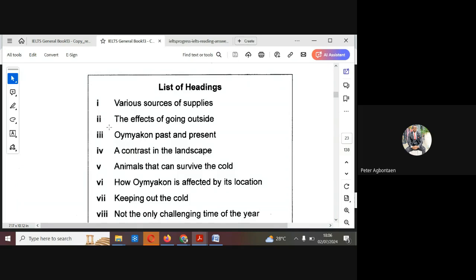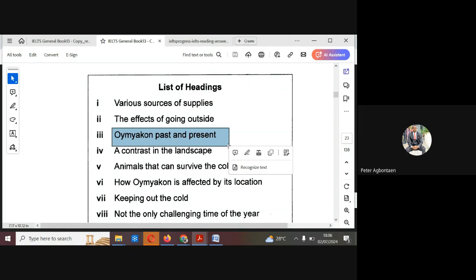Then the third heading says Oyemakon past and present. All right. Now you should expect this paragraph to give you a historical overview of Oyemakon, and to compare the past of Oyemakon with its present circumstances, to tell you about how Oyemakon was before as compared to how it is now.